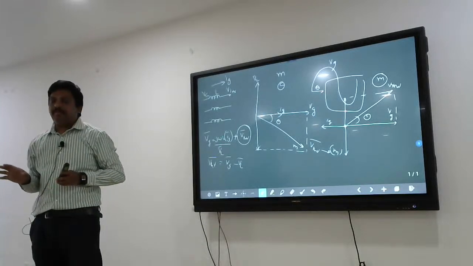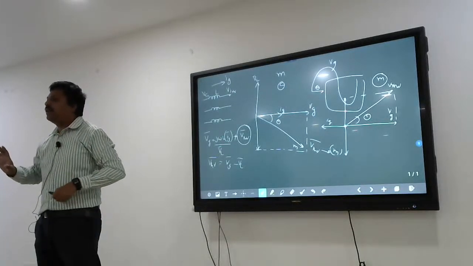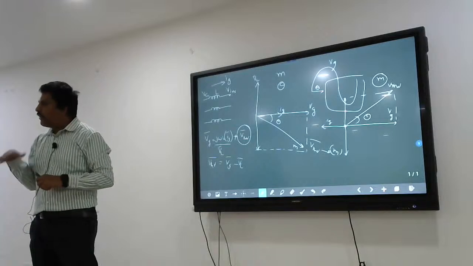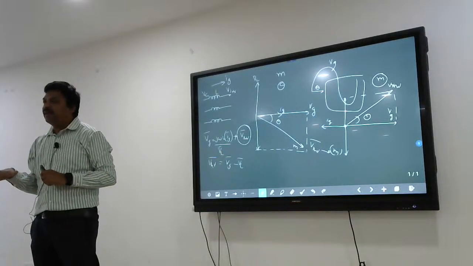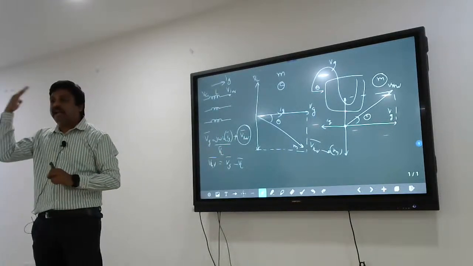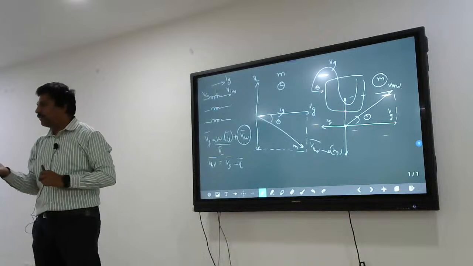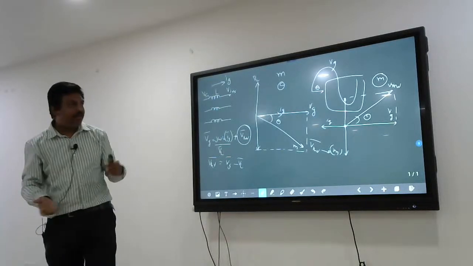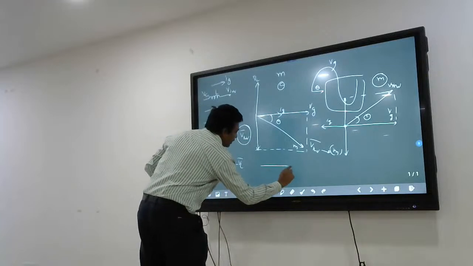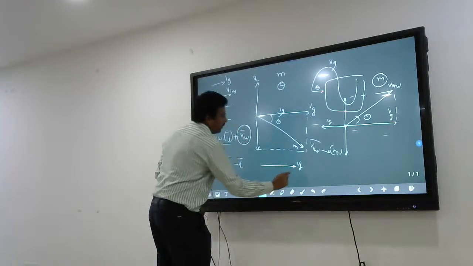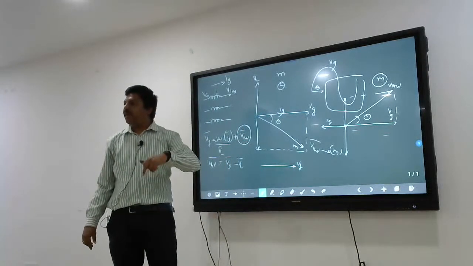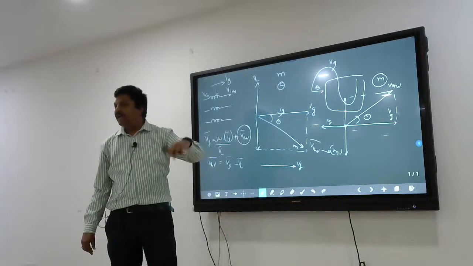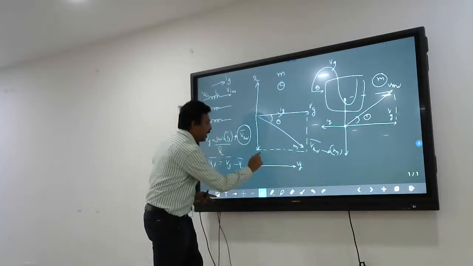And sometimes we need to inject reactive power also. Nowadays the recent grid standards say that when the grid demands, we need to inject reactive power into the grid as well. Then what are we supposed to do? For example, this is VG. We need to give reactive power to the grid, then IG should be up.